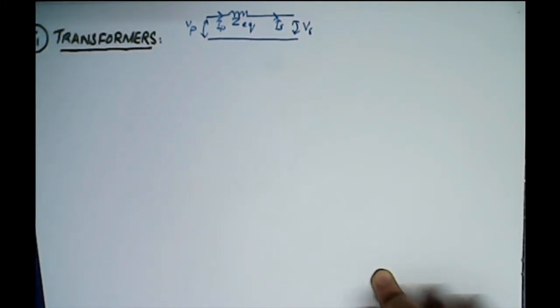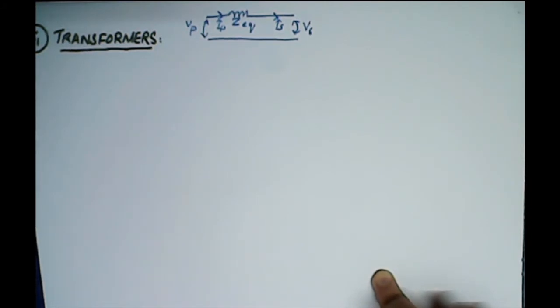Now the question is, the positive and negative sequence network is the same irrespective of the connection type.